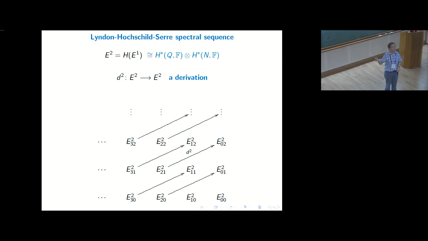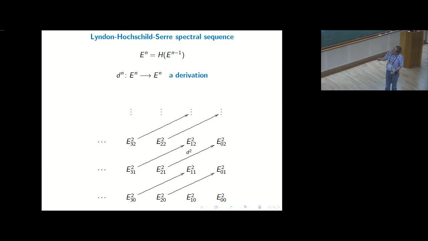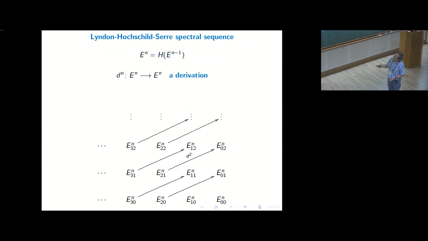This is the Lyndon-Hochschild-Serre spectral sequence, yeah. In general, in theory, you take the nth page to be the homology of the (n minus first) page, and you keep track of all these arrows, so you have this on generators as a derivation on the computer.